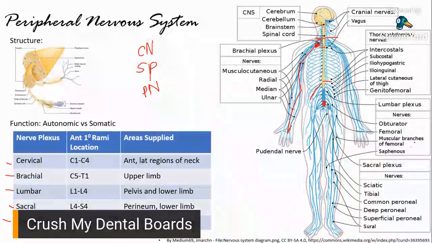So, these are the nerves that we have not discussed much yet. But these are also the terminal nerves, almost. So, the sciatic nerve comes from your sacral plexus. It's basically for the lower limb. Okay, so that is your peripheral nervous system, in a nutshell.